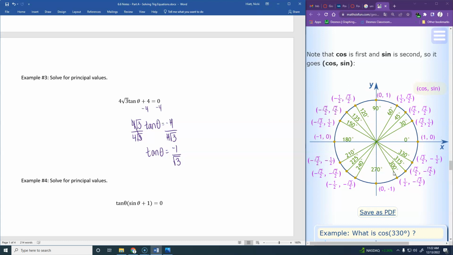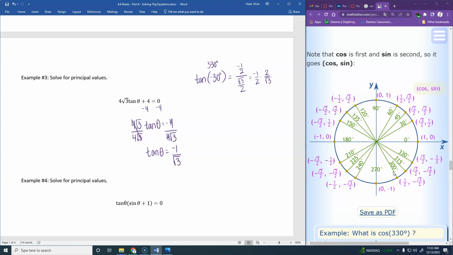So I'm just going to test tangent of negative 30 degrees, which negative 30 is the same as 330 degrees. It would be sine, which is negative 1/2, divided by cosine, which is square root of 3 over 2. Dividing fractions is easy as pie.